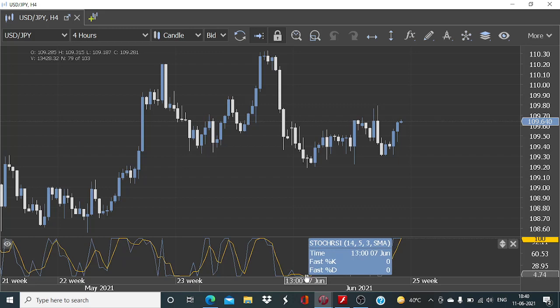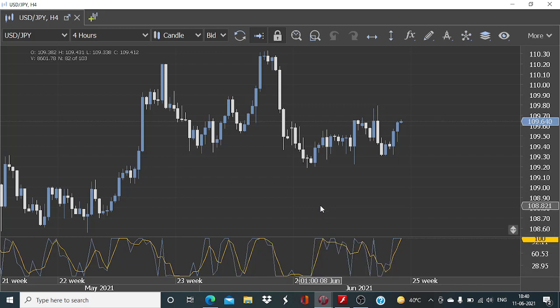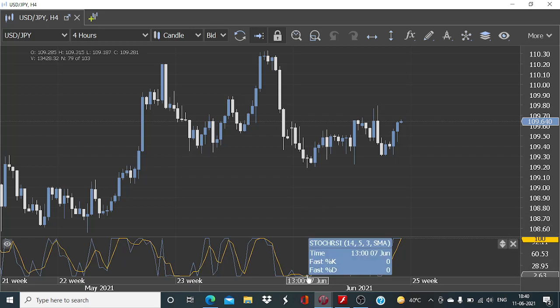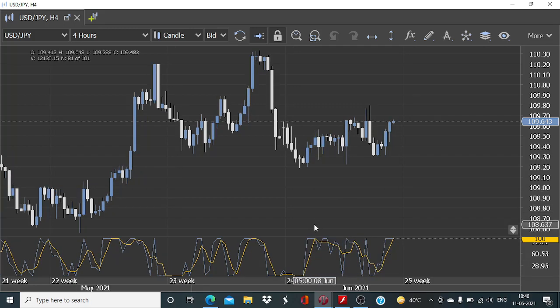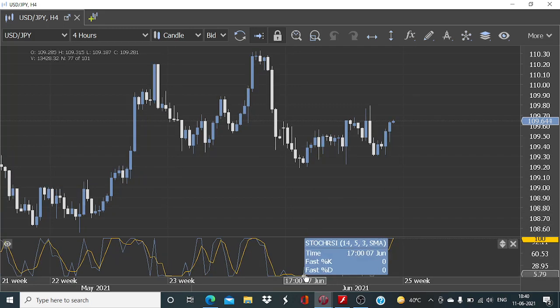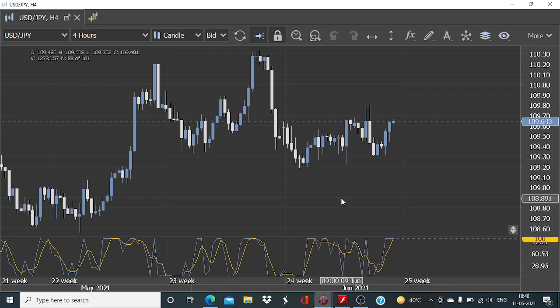And for that we are taking 2 more stochastic RSI blocks with the shift value of 2 and 3, and there we will need these fast percent K and fast percent D values at 0 for both the blocks. And as and when we see this buying momentum picking up, we will be looking to place the buy order, and that buy order is going to be above the 10 pips from the lowest of the cluster of 4 hourly candles.